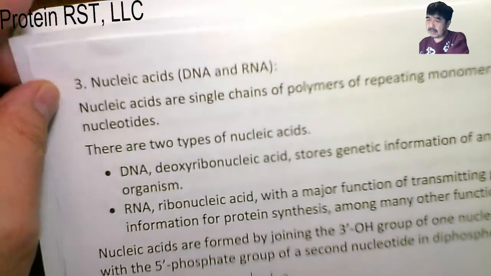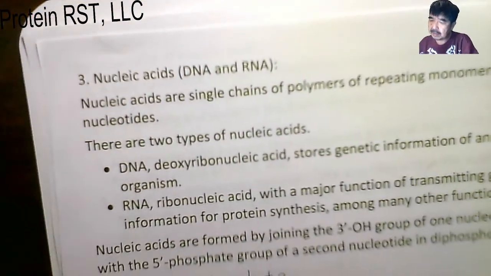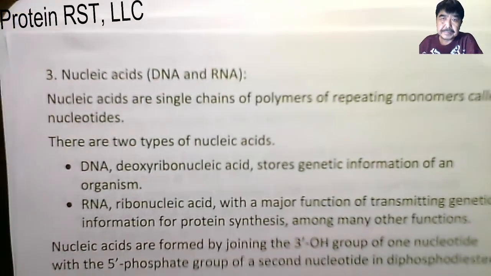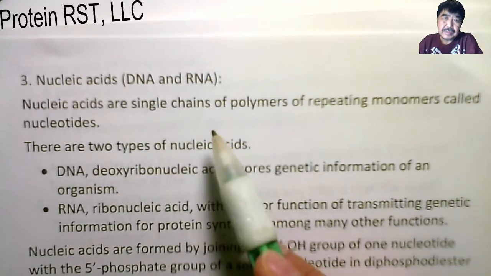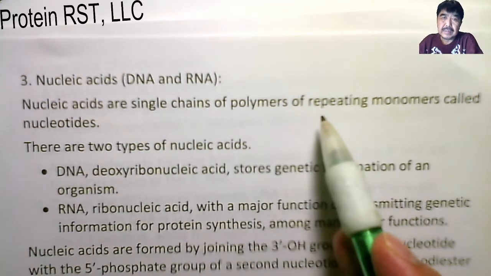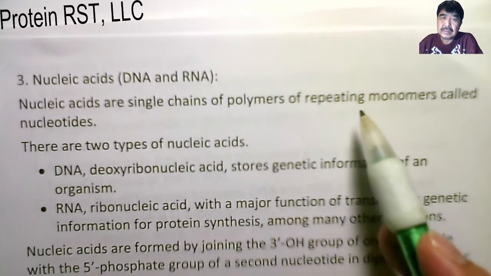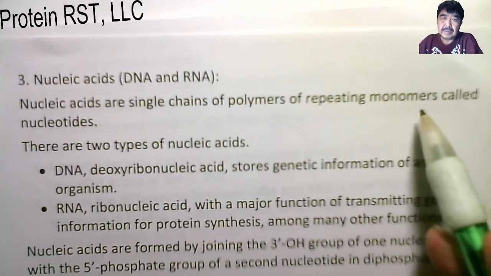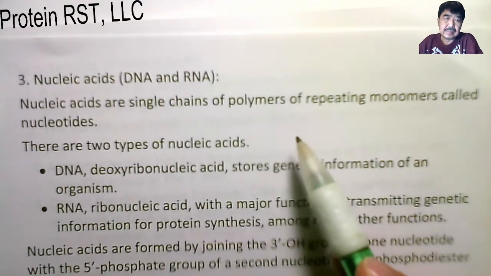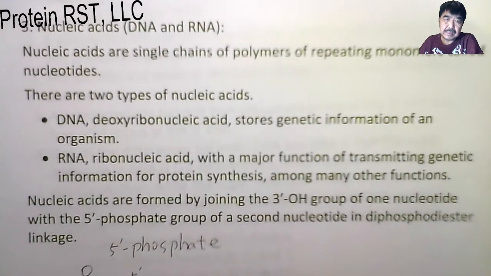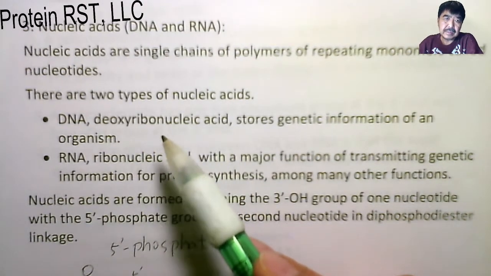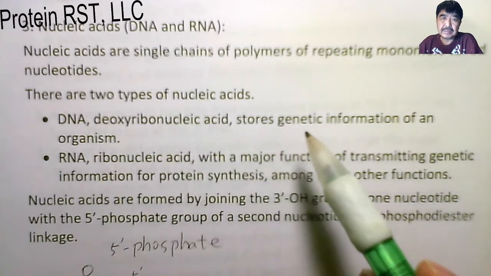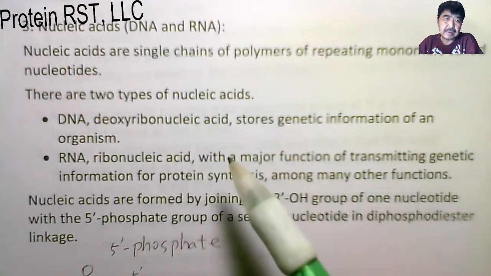Let's take a look at nucleic acids, DNA and RNA. Nucleic acids are single-chain polymers of repeating monomers, nucleotides. There are two types of nucleic acids. The first one is DNA, deoxyribonucleic acid, which stores the genetic information of the organism.